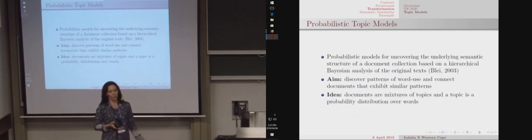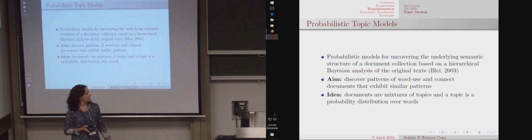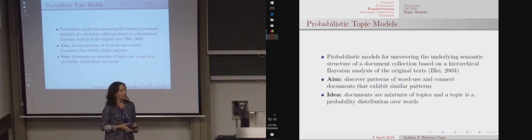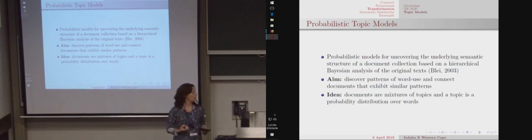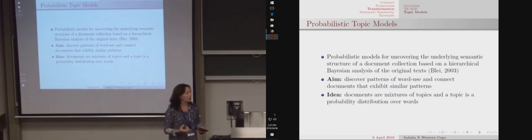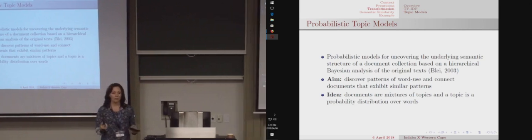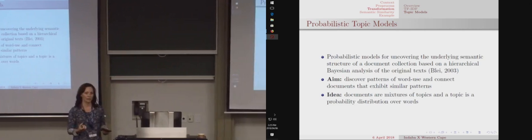So, when we move to probabilistic topic models, they follow the principle of generative models. So they make an assumption about how the document was generated. They discover the patterns of word use and connect documents that exhibit similar patterns.